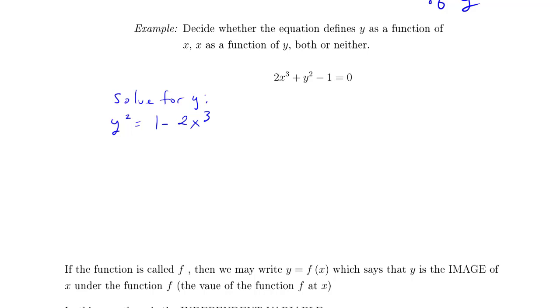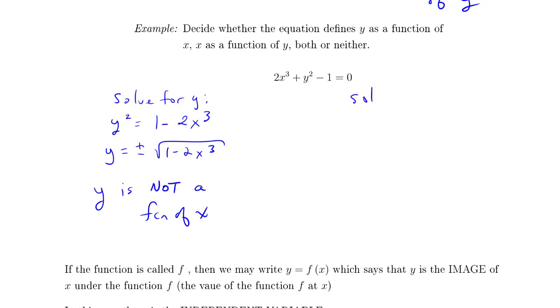All right, and then I'd have to square root both sides. So I get y equals plus or minus the square root of 1 minus 2x cubed. Okay, once again, I see that I get plus or minus there. So there are going to be at least some x's that give multiple y's. So some inputs give multiple outputs. So here y is not a function of x.